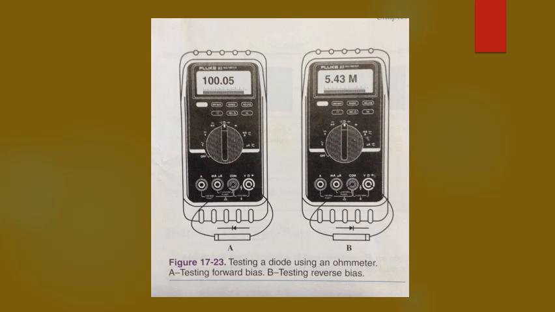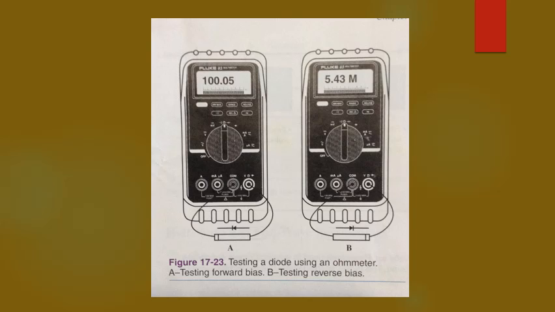This allows diodes to be tested using an ohm meter. To test a diode in the forward bias direction, connect the diode across the ohm meter. Set the range switch on the low resistance setting, times 1 or times 10. The reading should be low. A low reading is from 50 to 1000 ohms.